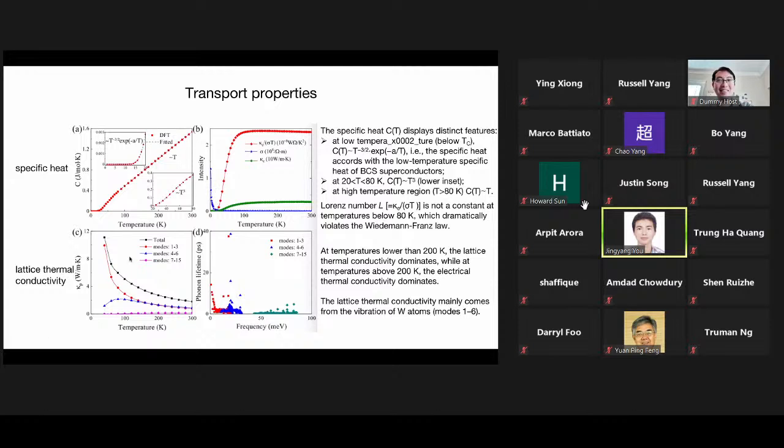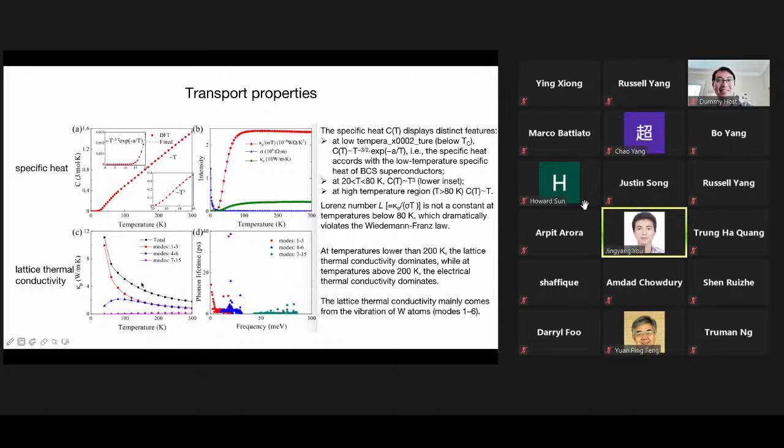The relative thermal conductivity is given in this figure. It can be observed that at temperatures lower than 2000 Kelvin, the lattice thermal conductivity dominates, while at temperatures above 2000 Kelvin, the electronic thermal conductivity makes more contribution.